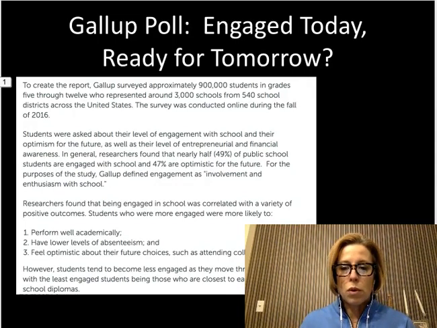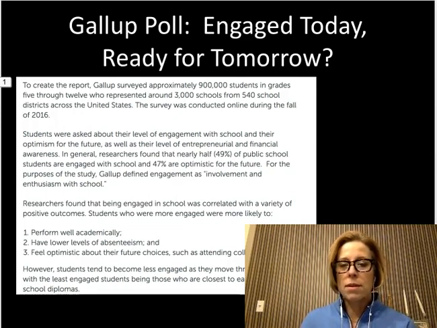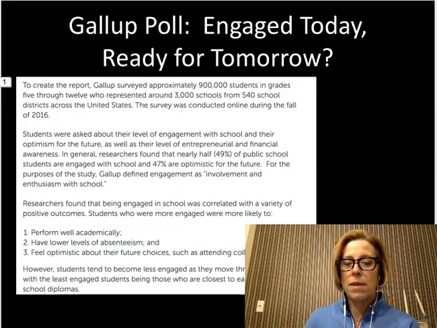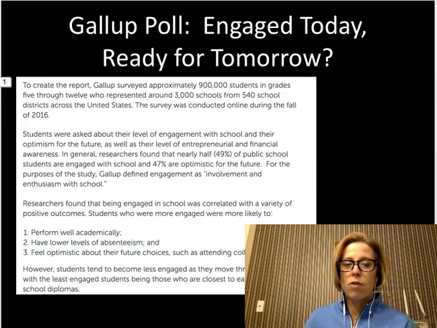There's an annual poll or research that's been going on over the last few years that the Gallup Foundation has put together, and it's called Engage Today and Ready for Tomorrow. I've just snapshotted a couple of key pieces, and you can find the information for this online, and schools can participate, but basically they've got a data set now of over 900,000 students in grades 5 through 12, representing 3,000 schools and 540 school districts across the country.